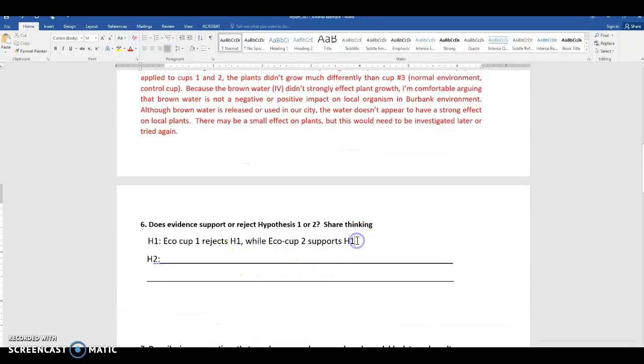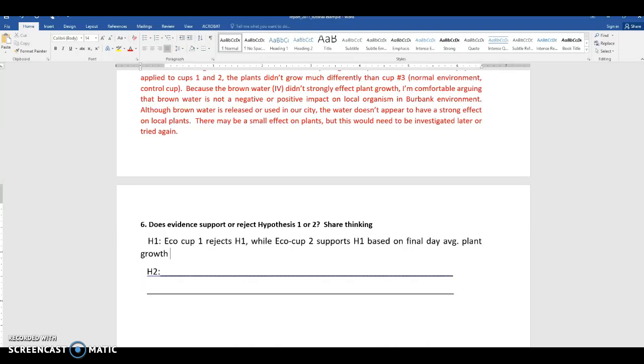EcoCup 2 supports H1 based on final day average plant growth.